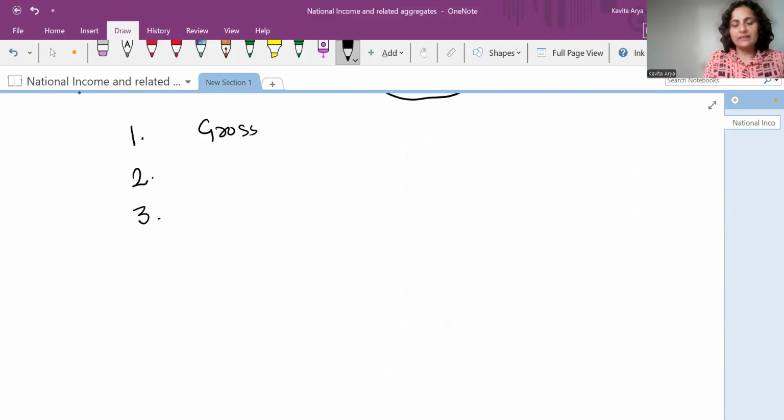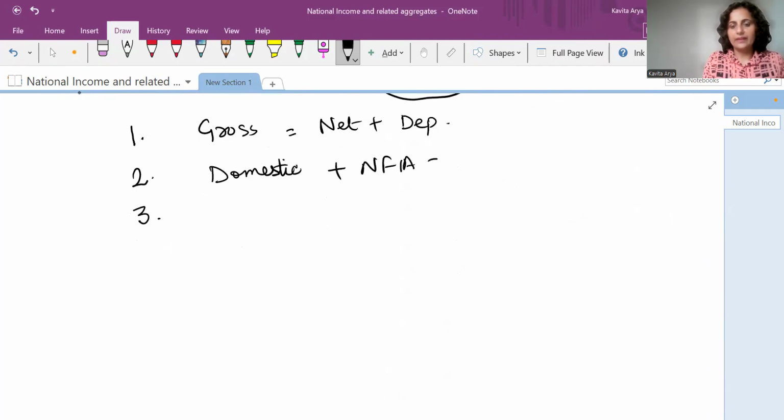Gross and net have a relationship: gross is equal to net plus depreciation, or you may say gross minus depreciation is net. Then we have domestic, add NFIA, that gives you national. And then you have factor cost, add NIT to get market price.